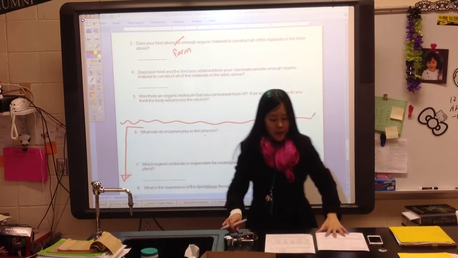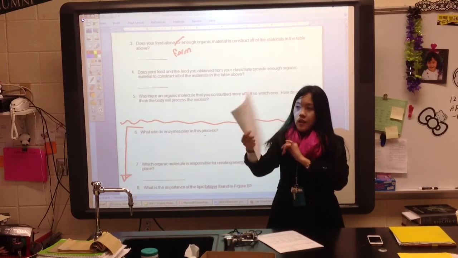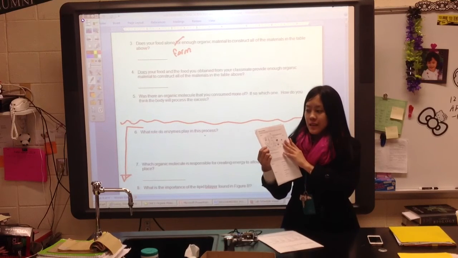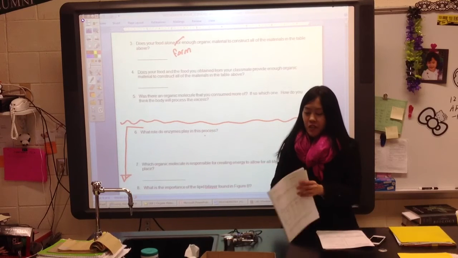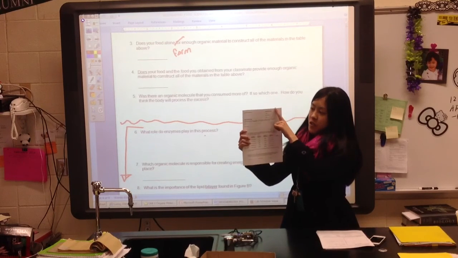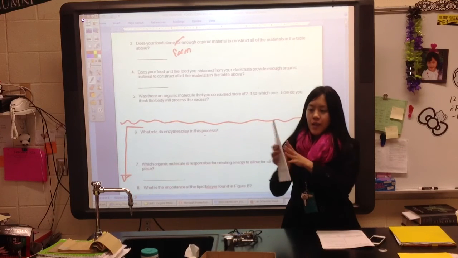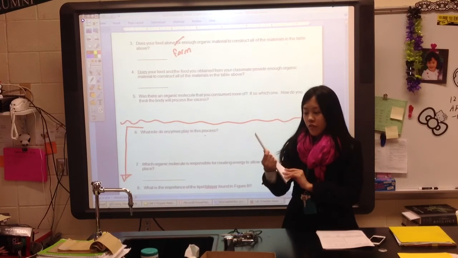Remember that your assignment has 4 sides. So you should be able to finish the first side where it says biochemistry, food science. You should be able to finish the second side, maintain life processes. You should be able to finish the third side, which is the information from your classmates and the chart and do questions below. Then question 3, 4, 5 on the final page is what you should also be finishing.